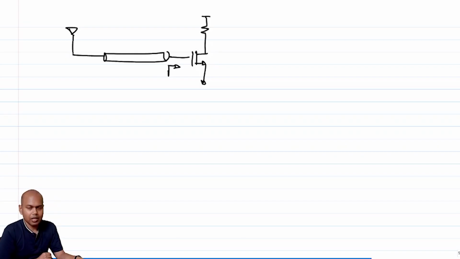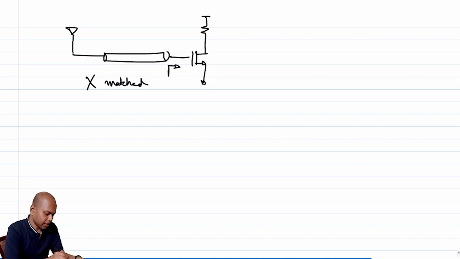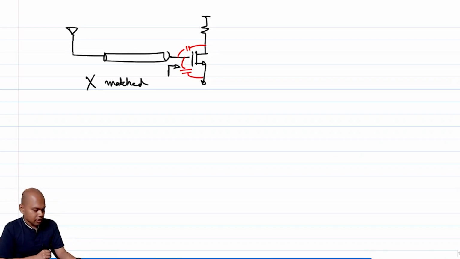Because its input impedance is not matched, right? Ideally the common source amplifier should have infinite impedance, but in reality it has a capacitance, CGS, and it also has a capacitance CGD, right?